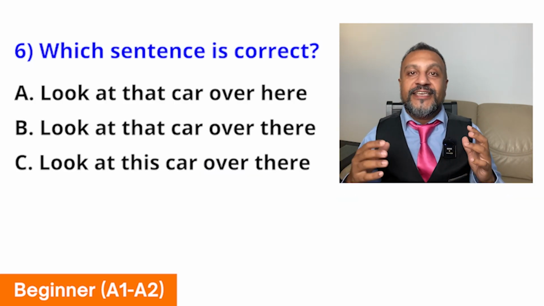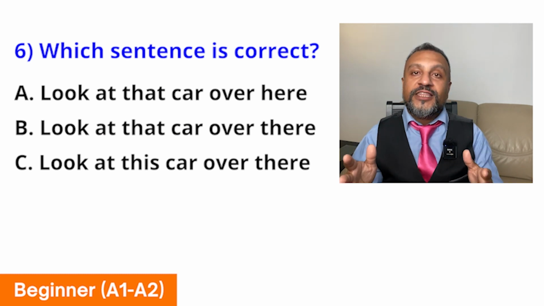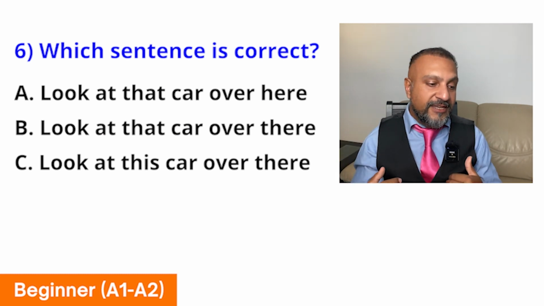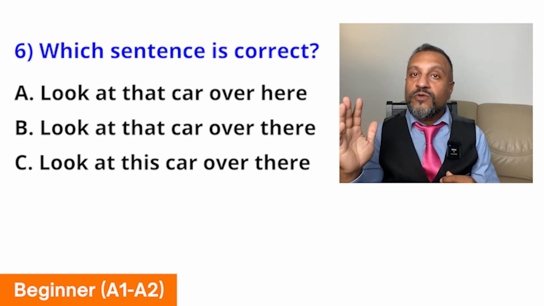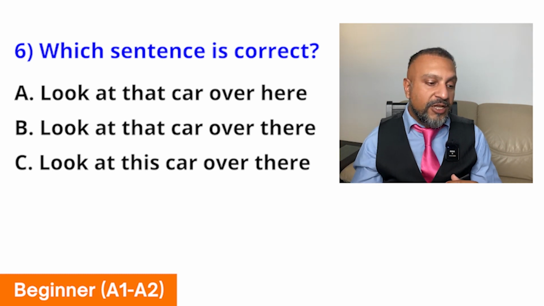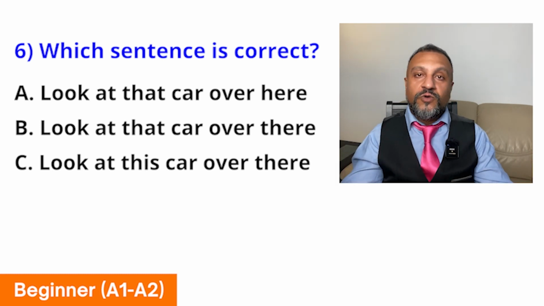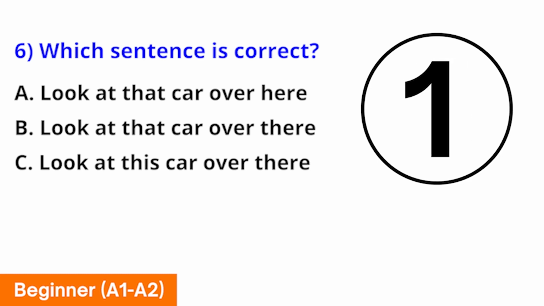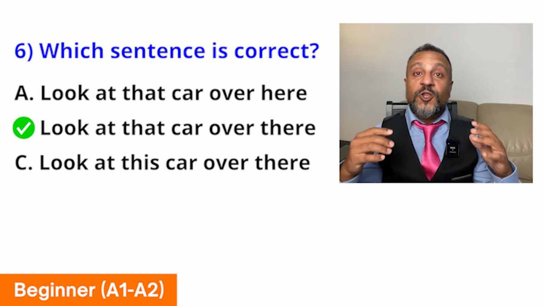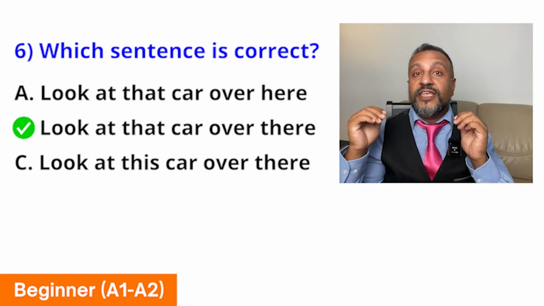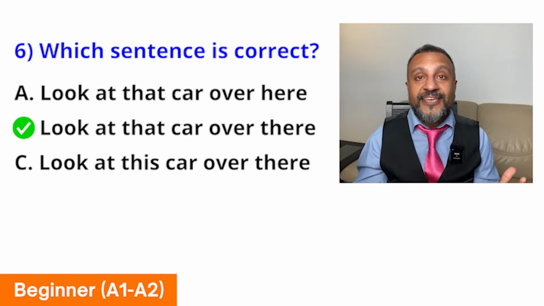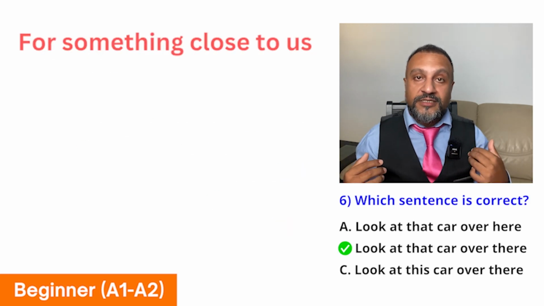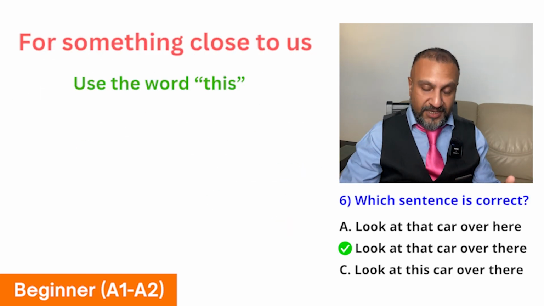Which sentence is correct? Look at that car over here. Look at that car over there. Look at this car over there. The answer is, look at that car over there. But why? For something close to us, we use this.